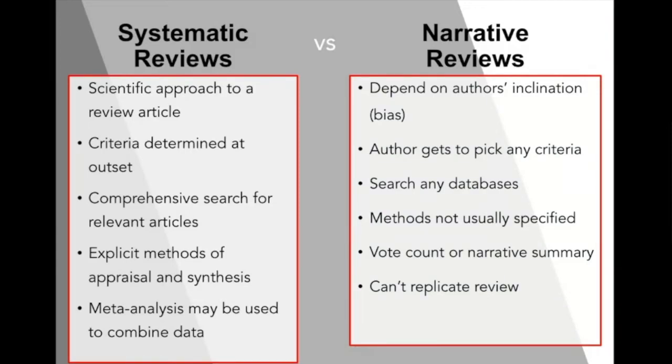So systematic review is a more scientific approach to review articles. It has its own criteria or own research question. It is comprehensive in terms of relevant articles collected. It has an explicit method for critical appraisal, and sometimes meta-analysis is also involved as part of it.